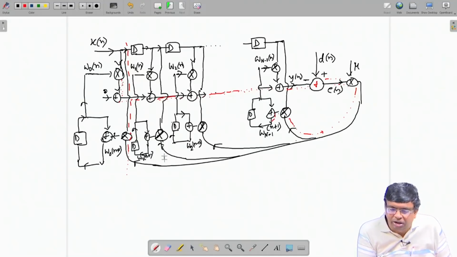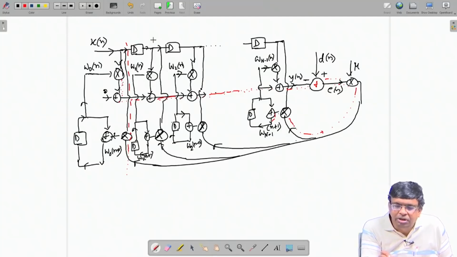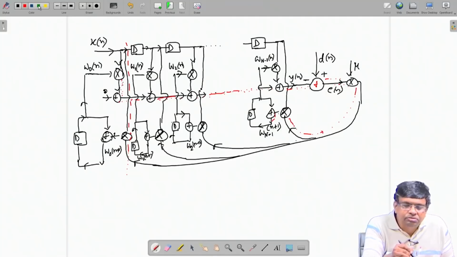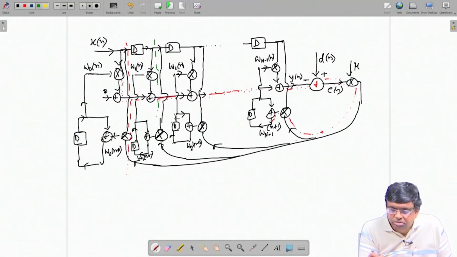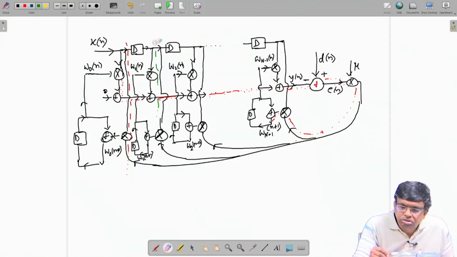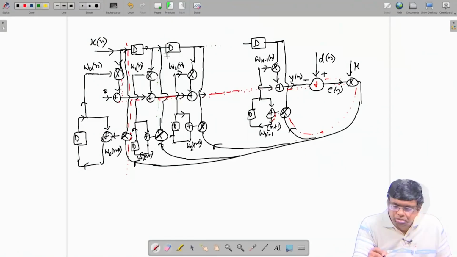Similarly, if you want to insert a delay here, you have a cut set. I want to have a delay here between these two adders. So, I will be cutting like this.